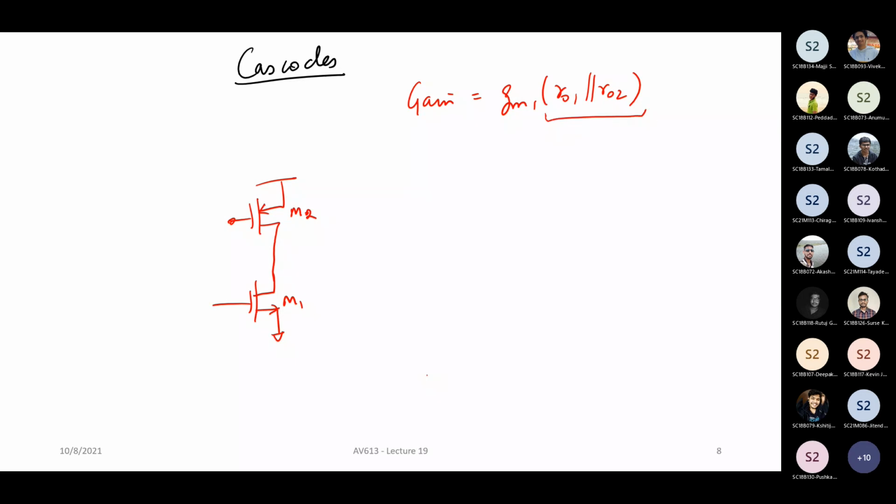Now, if you increase the current ID for the same VGS, you keep the VGS the same and just scale the W by L ratios, the current will increase. If you do that, what will happen?